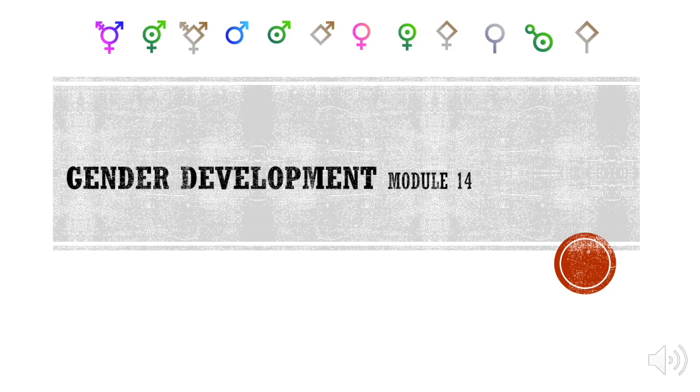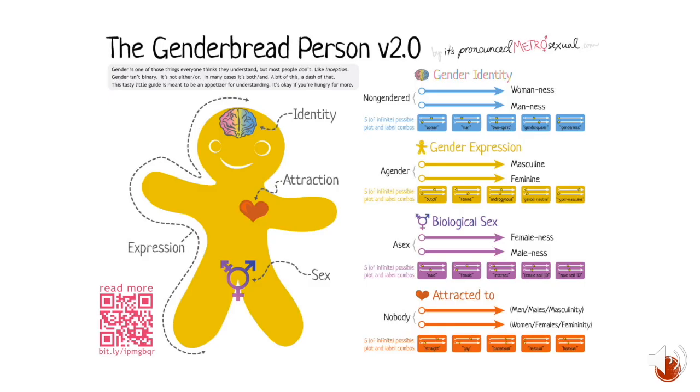So, everything that we look at is going to go back to this genderbread person here. We're going to use it to talk about the different dimensions of sex and gender development. But what is important to understand is that these happen kind of on a spectrum. So, men and women are not the opposite ends of a spectrum.